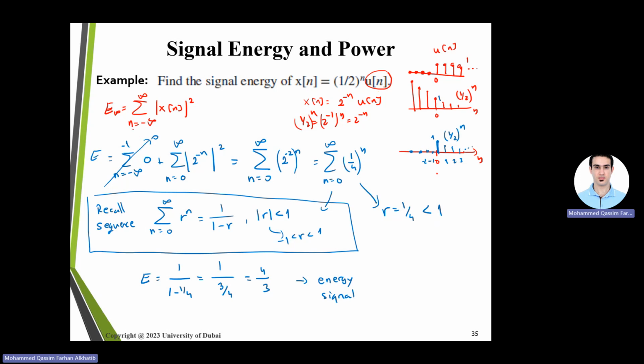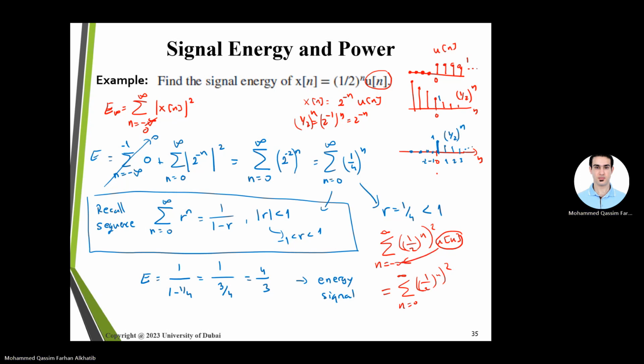So the sum from n equals negative infinity to infinity of 1 over 2 to the power n, squared, u of n, equals the same thing from n equals 0 to infinity of 1 over 2 to the power n, squared. So that's the job of the unit step function. Instead of starting from negative infinity, I start from 0. All right, so my summation becomes like this.